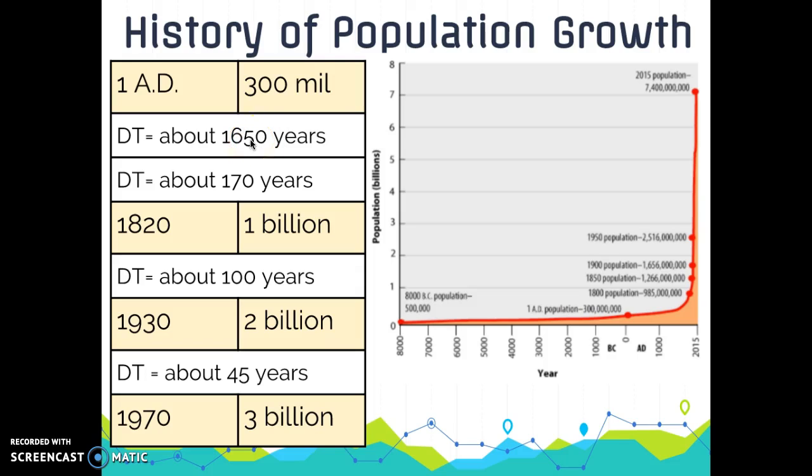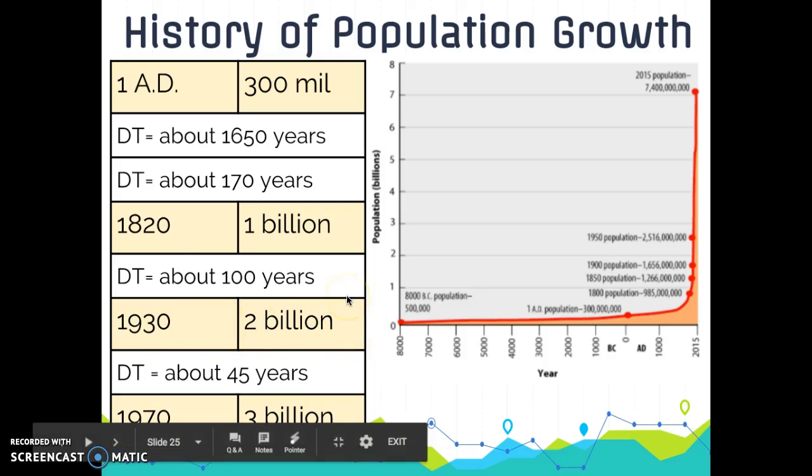Okay, and the doubling time after that was about 170 years, right? So we see the population in 1820 reaching its very first billion. So doubling time from 1820 would be about 100 years. About, roundabout, it's not perfect. So in 1930, we see our population reach its second billion.